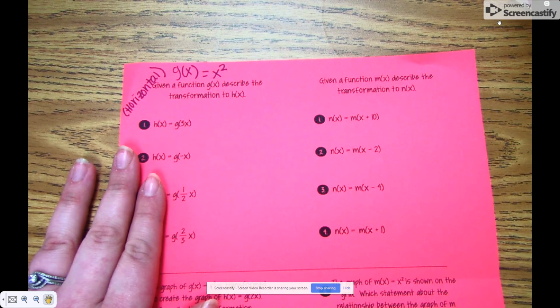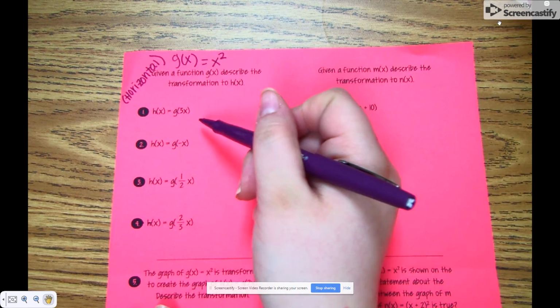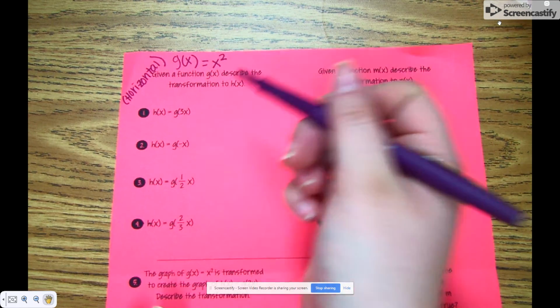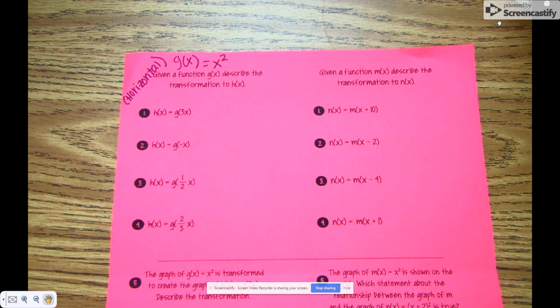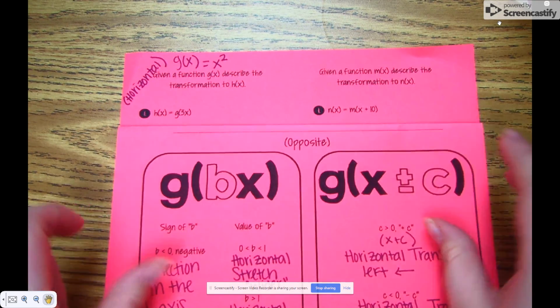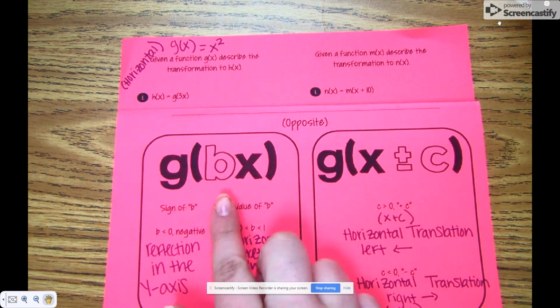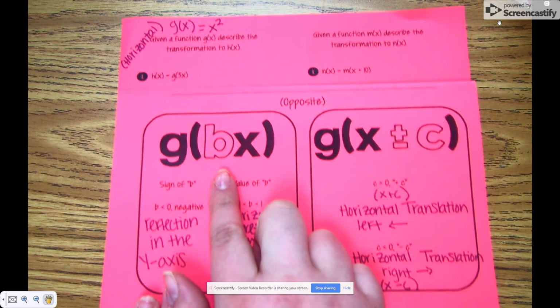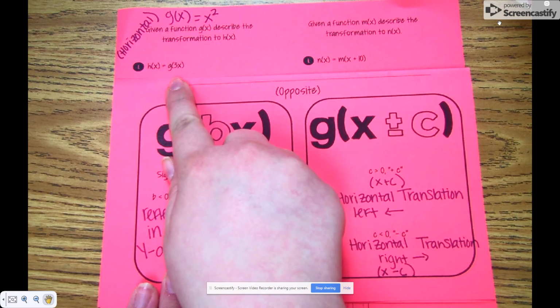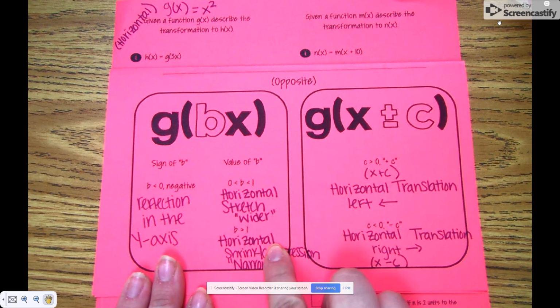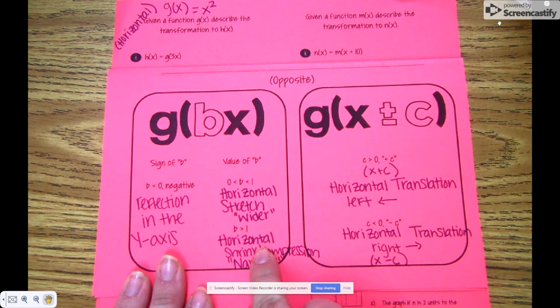Okay. So if I were to write this equation, actually first, let's take a step back. It says I have 3 times x. Let's look back at the front part of your notes. Okay, that looks a lot like this. And where b is, I have a 3. So 3 is definitely greater than 1.